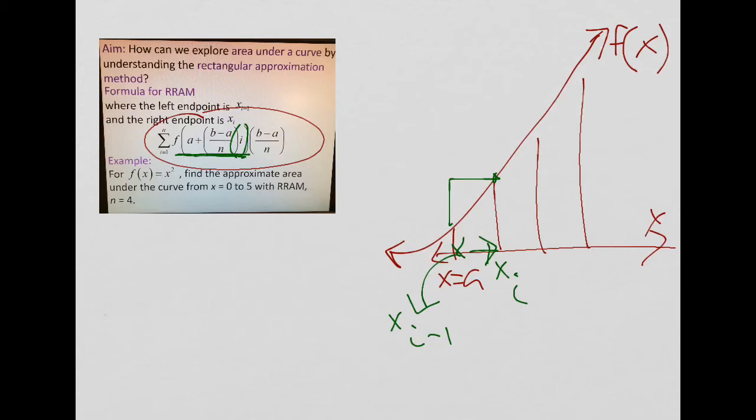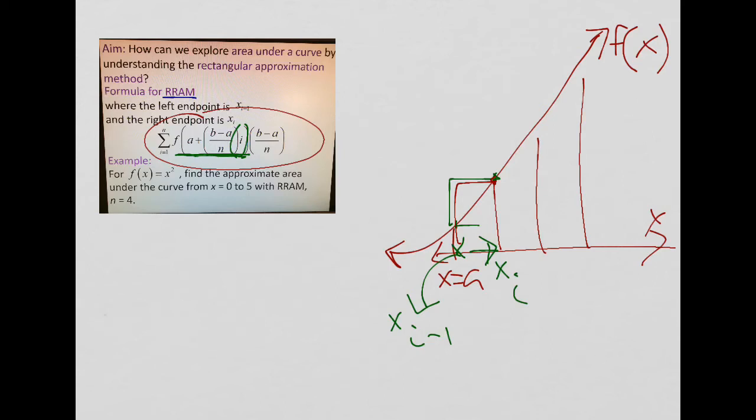Hopefully you can understand that. So we don't like to use LRAM. Instead, we like to use the RAM formula. Now, this is actually saying the same thing as RAM. It's just establishing it in a formula.